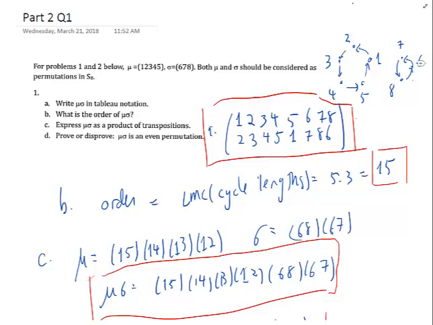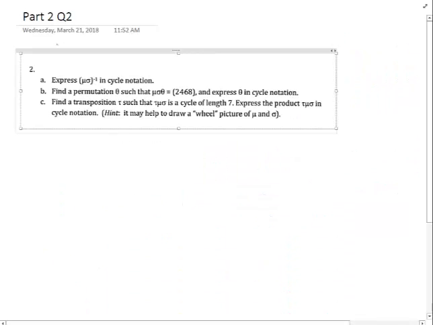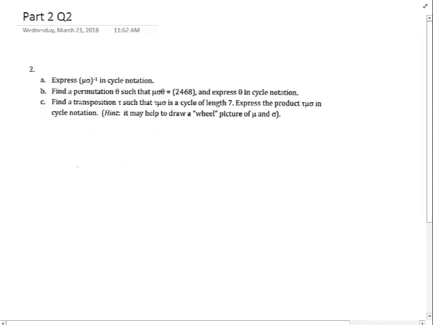Okay, since that was short, let's go on to question 2. Let's express mu sigma inverse in cycle notation. Now I had mu sigma as a product of transpositions. So let's just repeat that. Mu sigma, what did we have here?